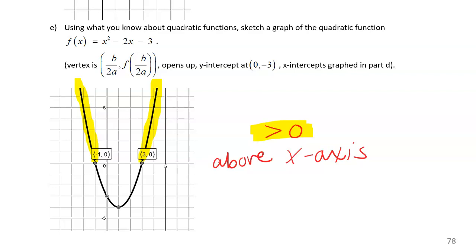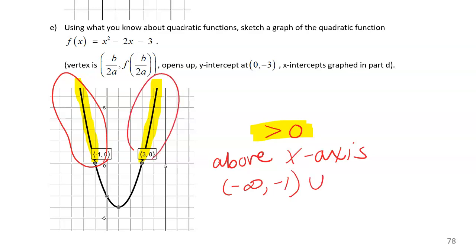So what you're seeing here are two sections of the graph that we need to represent in interval notation. On this left side here, remember you use the x values to represent that section of the graph. So that's -infinity to -1, parenthesis, union, and then we do this right side, so that'll be 3 to infinity.